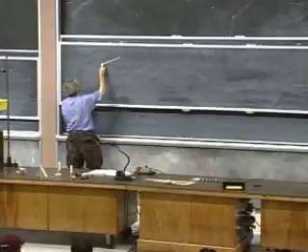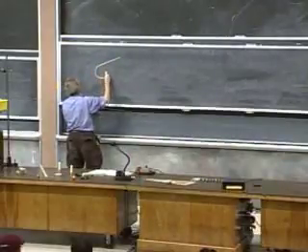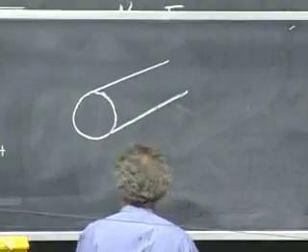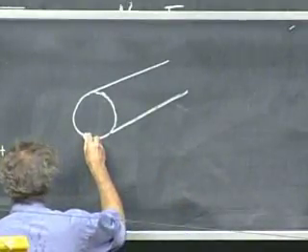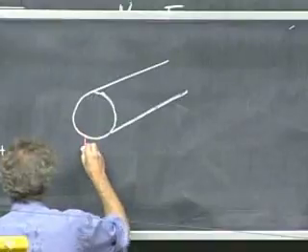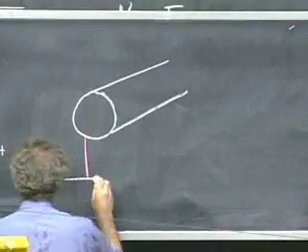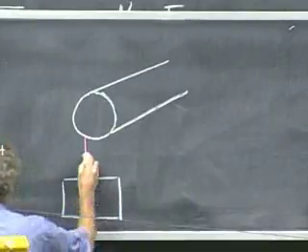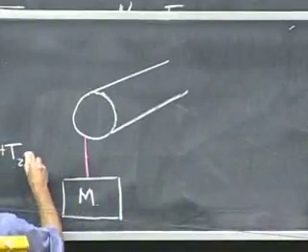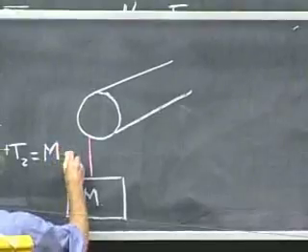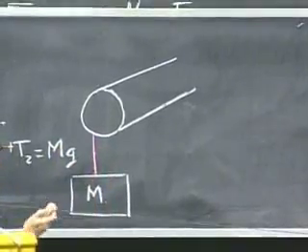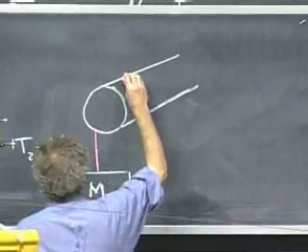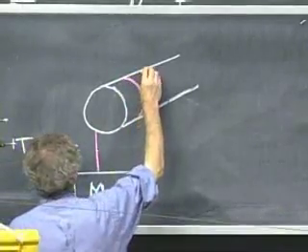Here is this rod. It doesn't have to be horizontal as this one. And I hang on this side of the rod, I hang with a string, a very massive object, capital M. So the tension here, T2, would be Mg, assuming that it is not accelerated, that it is at rest. I wrap this rope around here several times.